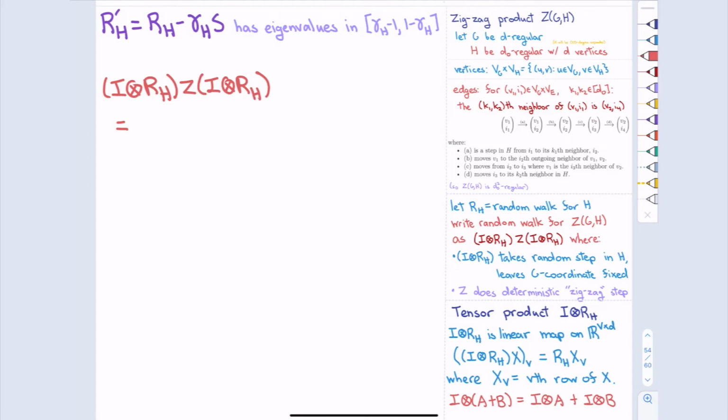So this is (RH minus gamma H S) Z I outer product (RH minus gamma H S). Okay, and we're going to factor this out into the corresponding terms.